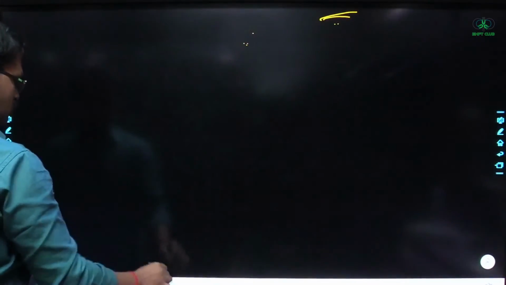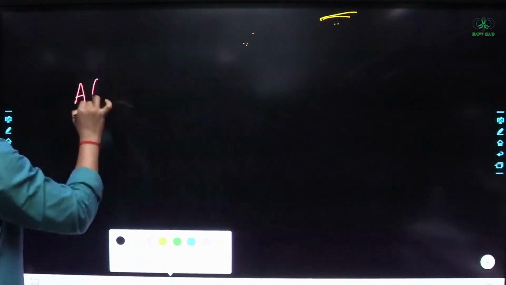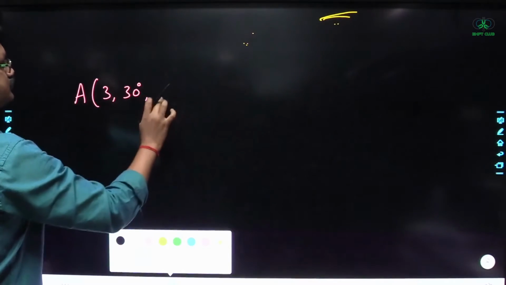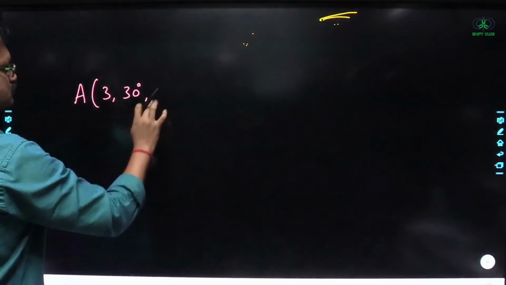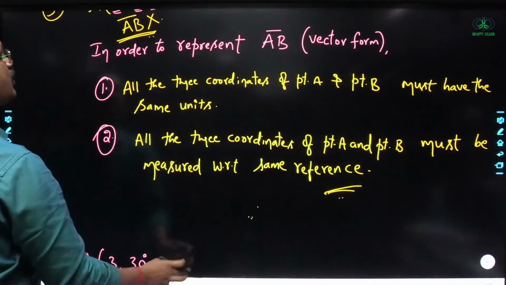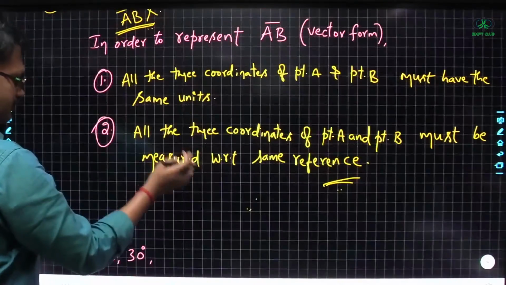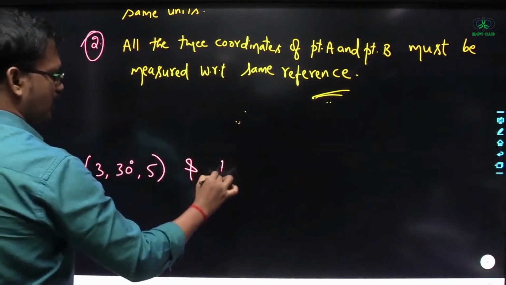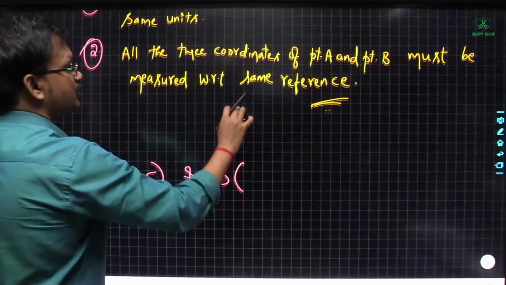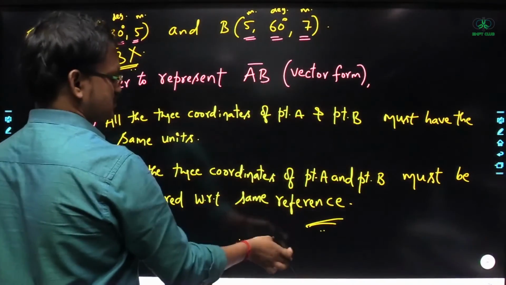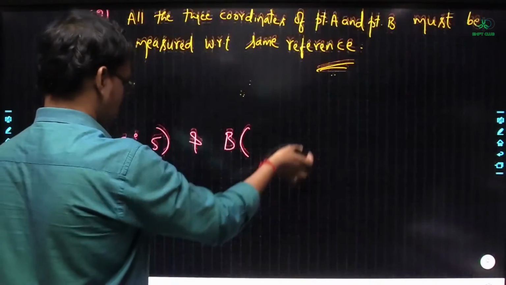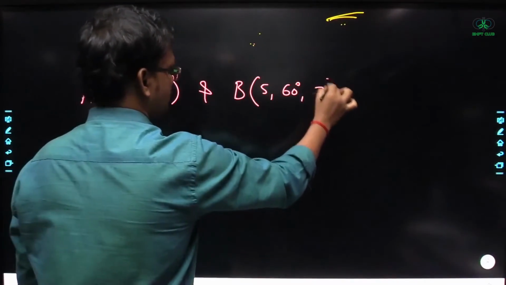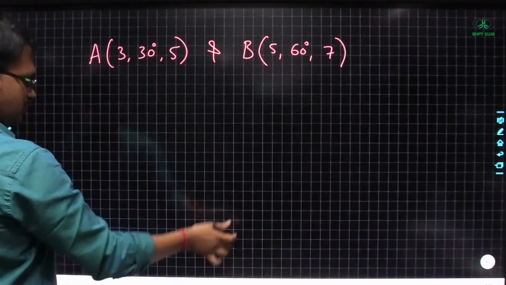Point A is nothing but 3 comma 30 degrees comma 5, and point B is nothing but 5 comma 60 degrees comma 7.